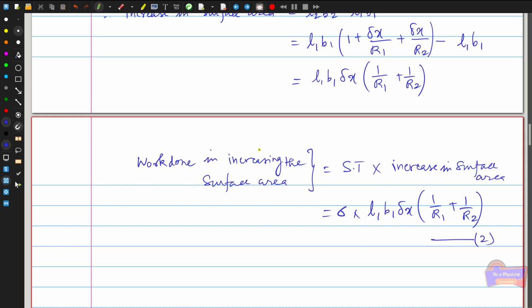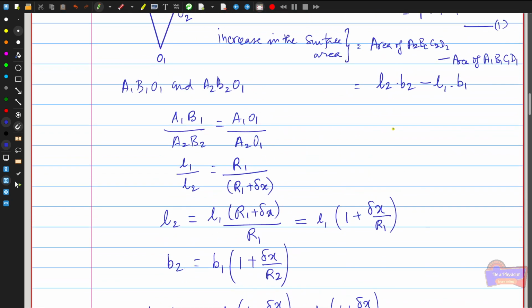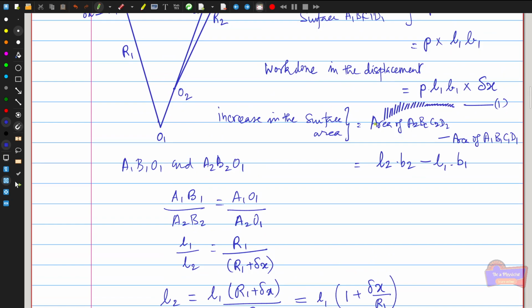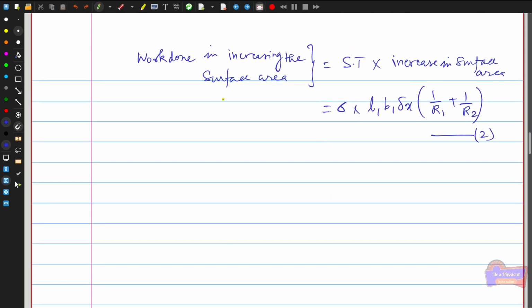Therefore, if I equate equation 1 and 2, where equation 1 is the work done in the displacement and equation 2 represents the work done in increasing the surface area, that is P into L1 B1 into delta x equals sigma into L1 B1 into delta x times 1 divided by R1 plus 1 divided by R2.